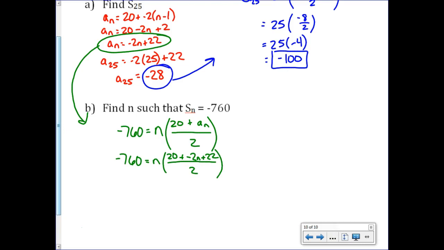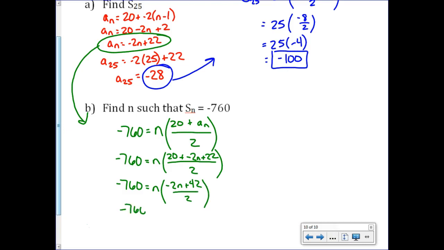From there, we're going to simplify. So I'm going to try to take care of everything inside the parentheses before I do anything else. So negative 760 equals n times, this would be negative 2n plus 42 over 2. Remember, when I divide by 2, I actually divide both things by 2.